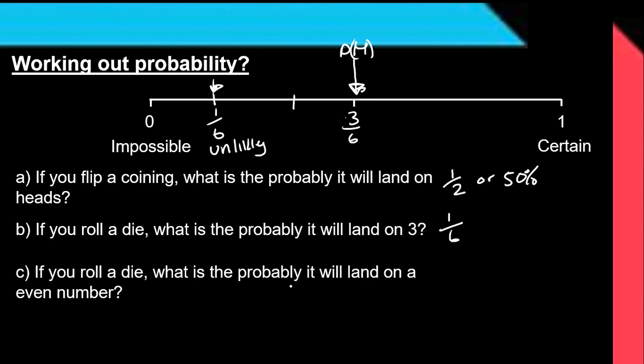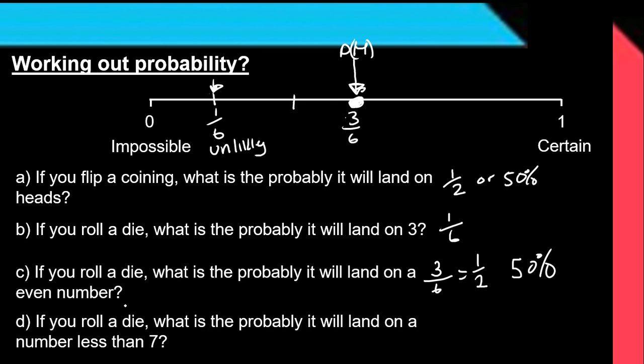If you roll a die, what's the probability that it lands on an even number? My even numbers could be 2, 4, and 6. So it's 3 possible choices out of 6, which is actually a half. So again, it's going to be a 50% chance of it landing on an even number. That one would be right in the middle of this probability scale.